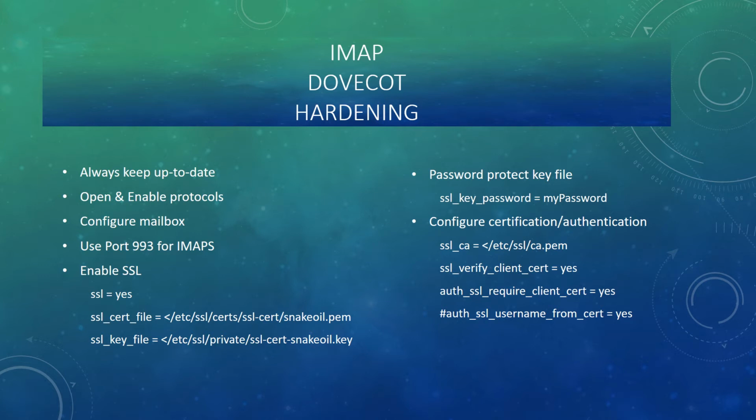You want to enable SSL, and I have provided a few commands down there on how to enable SSL. This is basically enabling the Secure Sockets Layer to help further protect your email transmissions.